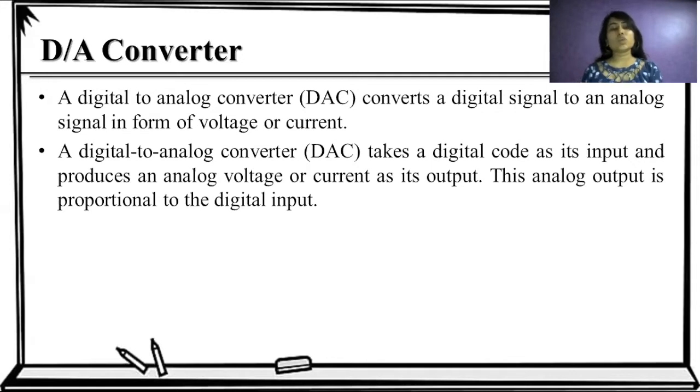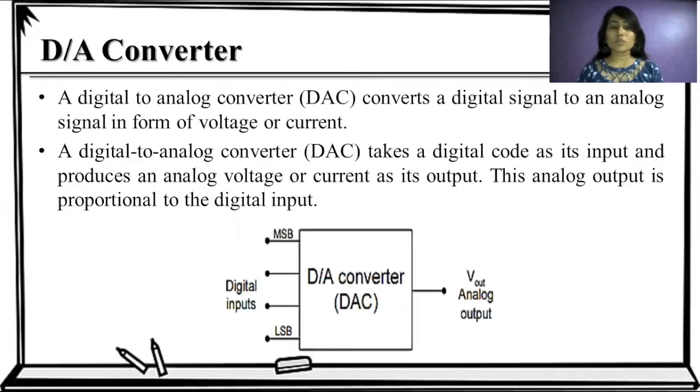Basically, it takes a digital input, say the binary bits 010, and produces an analog voltage or current as its output. This analog output is proportional to the digital input.